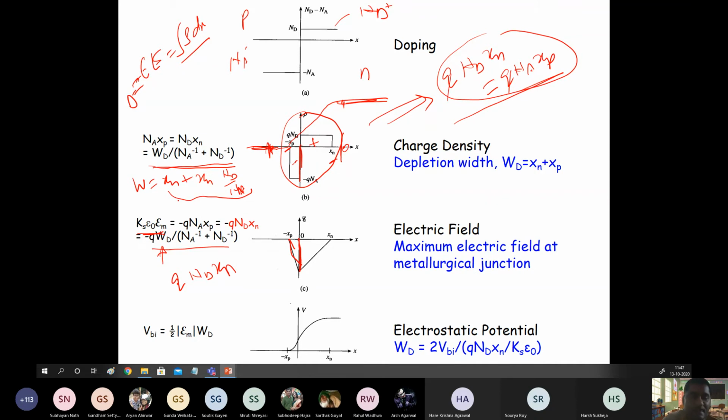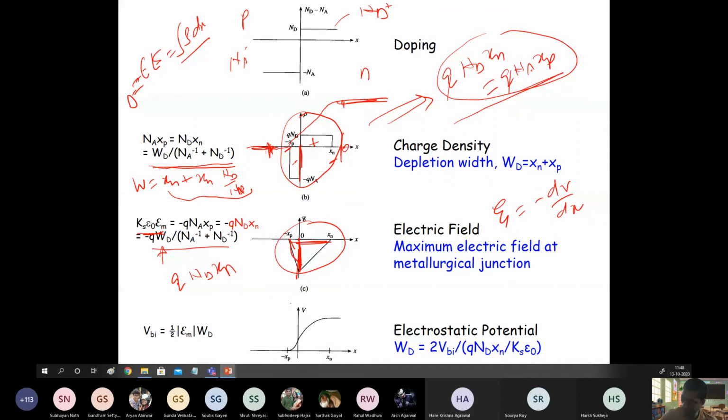When you integrate the field, you can get the potential. The electric field is equal to minus dV by dx, so the potential will be the integral of the electric field dx. The integral is basically the area, and area is half base times height. Half base is W, height is E max.